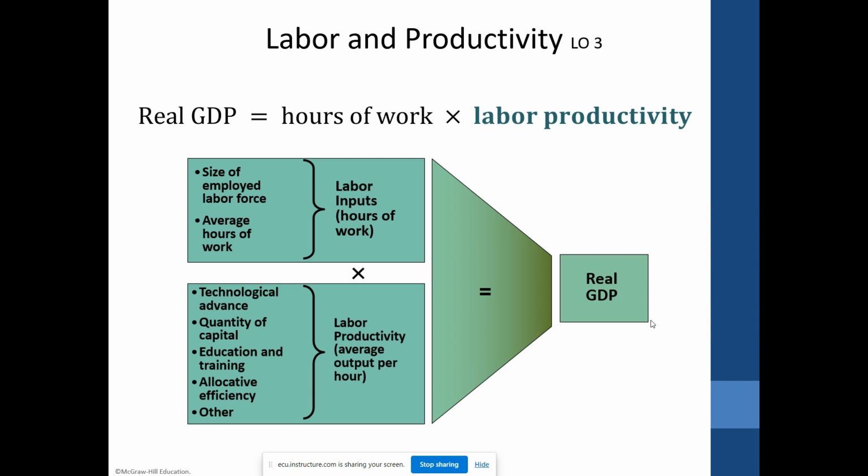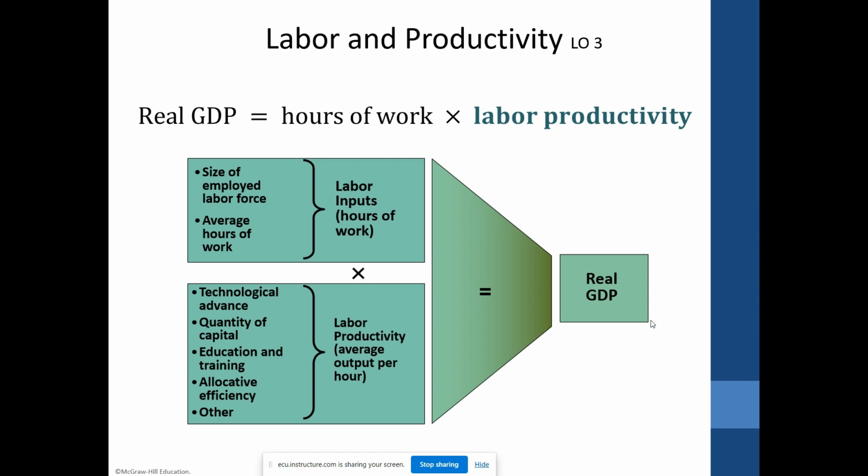Society can increase its real output and income in one of two ways. One, by increasing its inputs of resources, and two, by raising the productivity of those inputs.